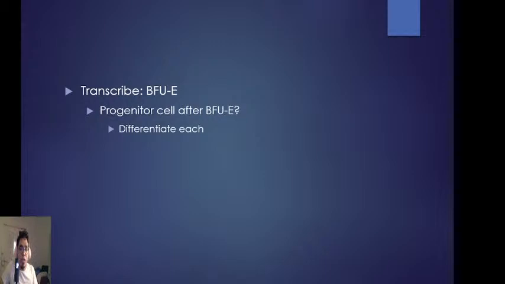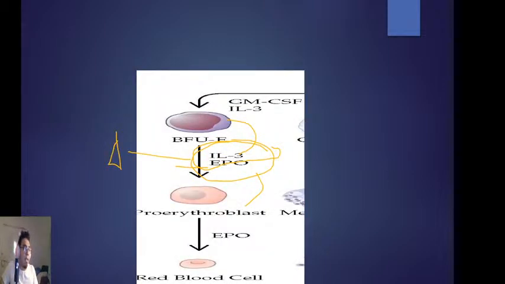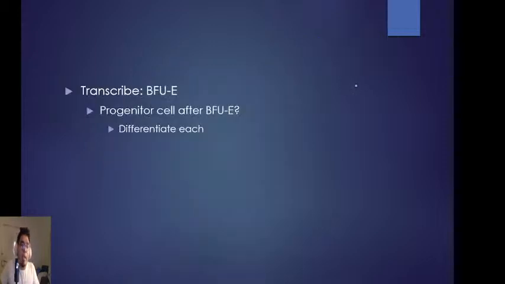That's why it's called CFU-GEMM. Now, BFU is transcribed as burst forming unit, erythroid.